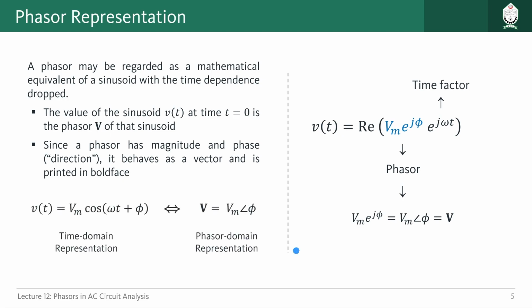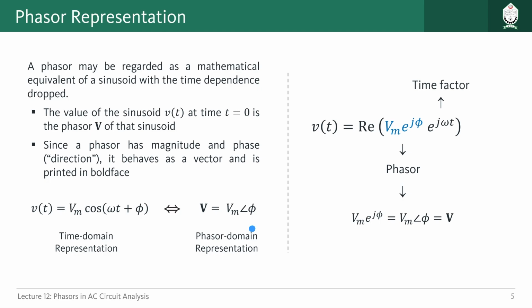So we can summarize the whole discussion using this representation. Initially, when we have a circuit, we will have different signals. In the time domain representation, we are going to convert those into their phasor domain form like this, just by omitting our time factor. Here we have this time factor. We can just omit those to get our phasor domain representation, and we will do all the calculations in phasor domain.